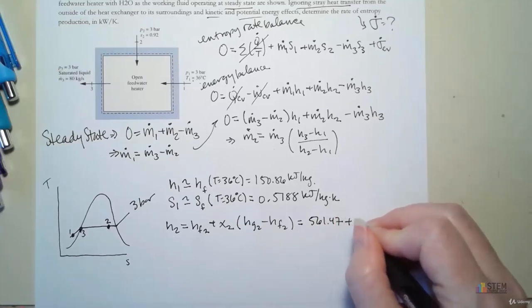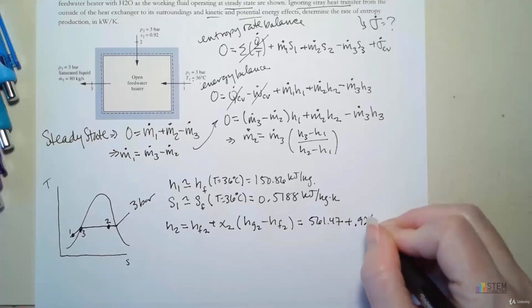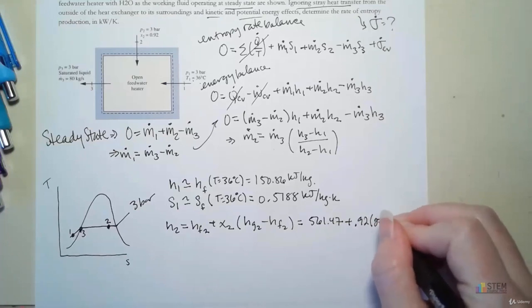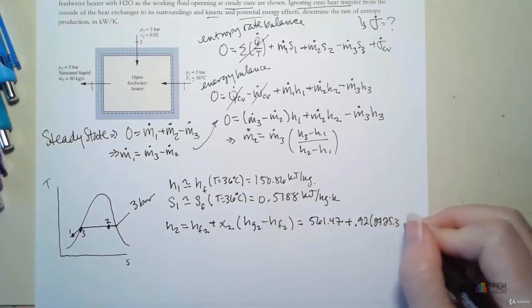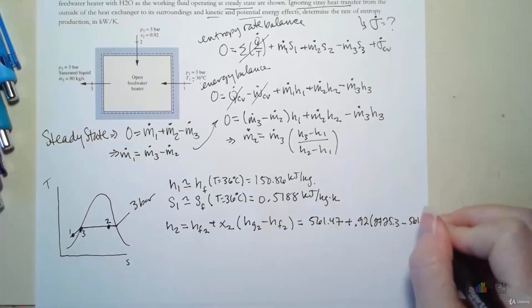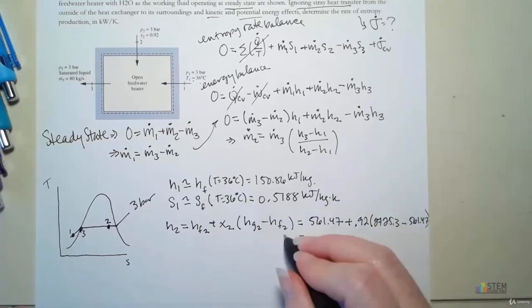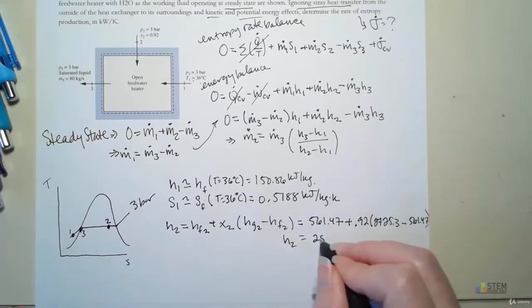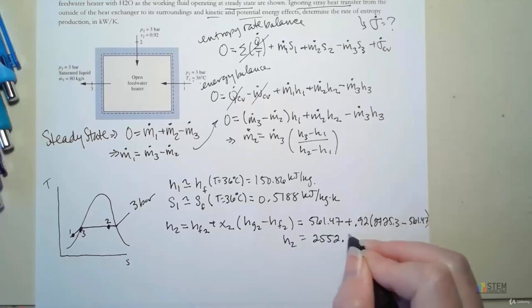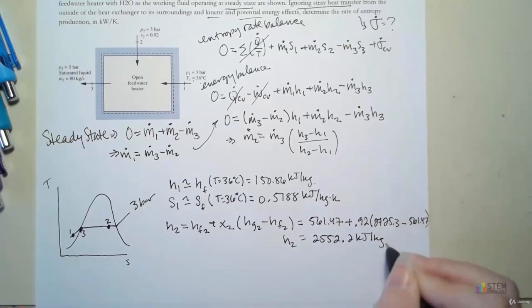You'll have plus 0.92 times 2725.3 for hg, and then minus the 561 again. Units for these things are kilojoules per kilogram. So your h2 is 2552.2 kilojoules per kilogram.